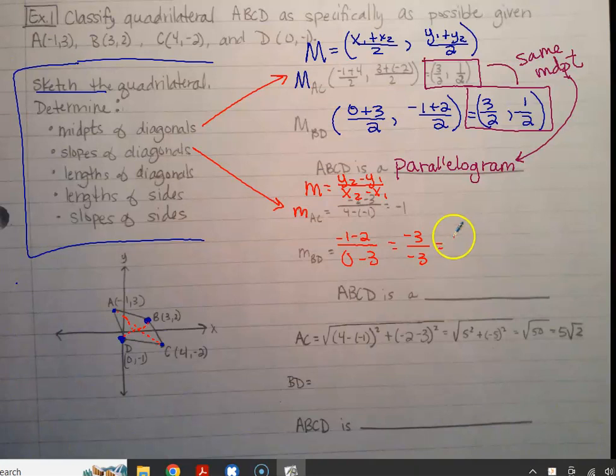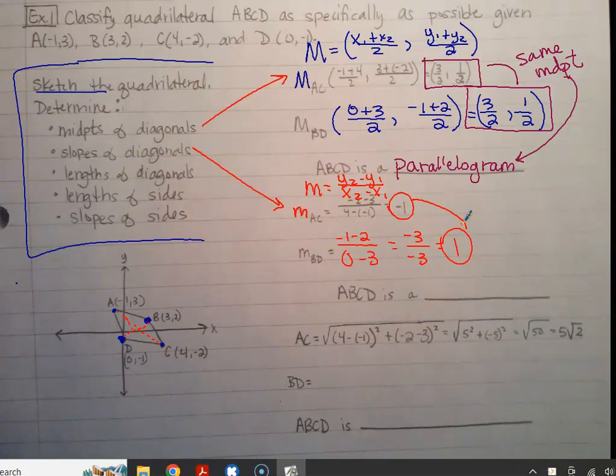1, a positive 1. Okay, so what do we know about these? We have a slope of -1 and a slope of 1. What does that tell us? They're opposites. What does it tell us about these diagonals?